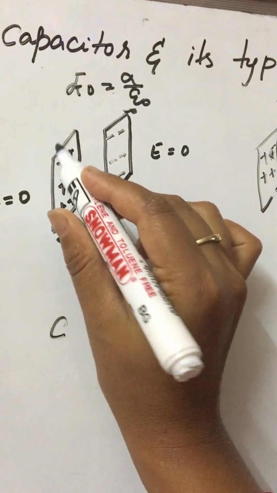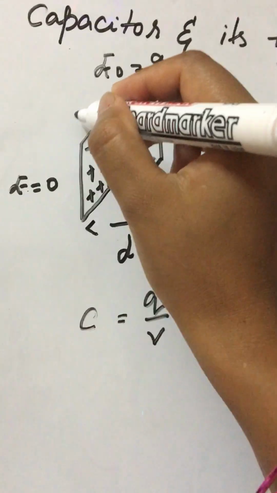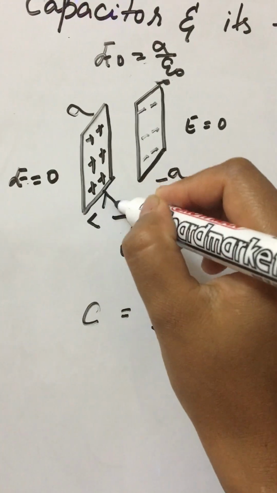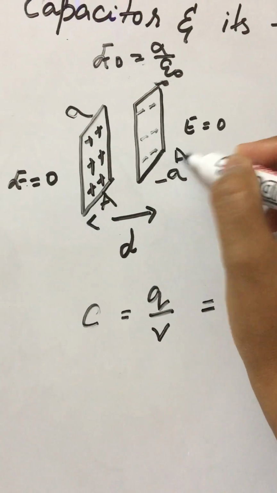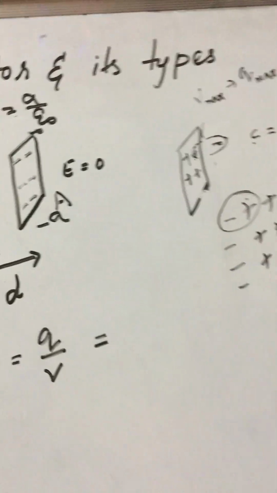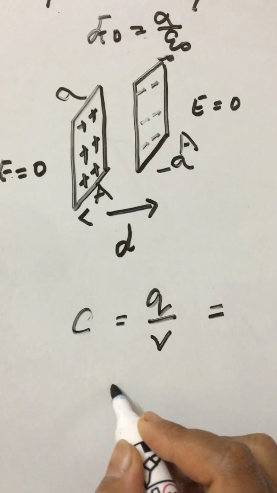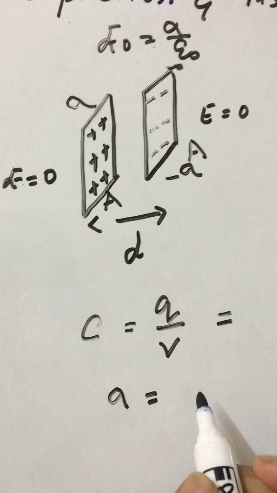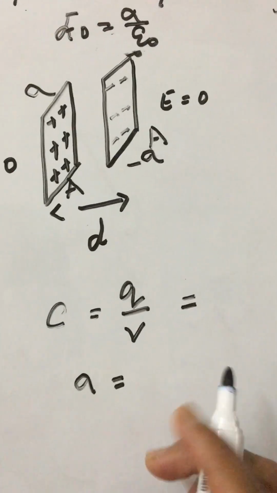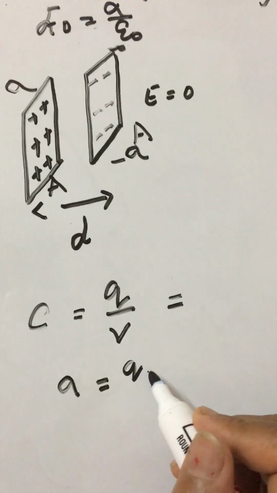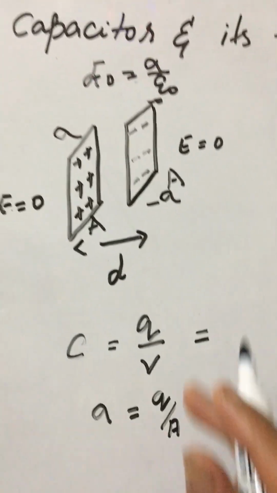Charge on either plate: let's say sigma on one plate, minus sigma on the other, each with the same area A. Charge density is the charge contained in unit area.